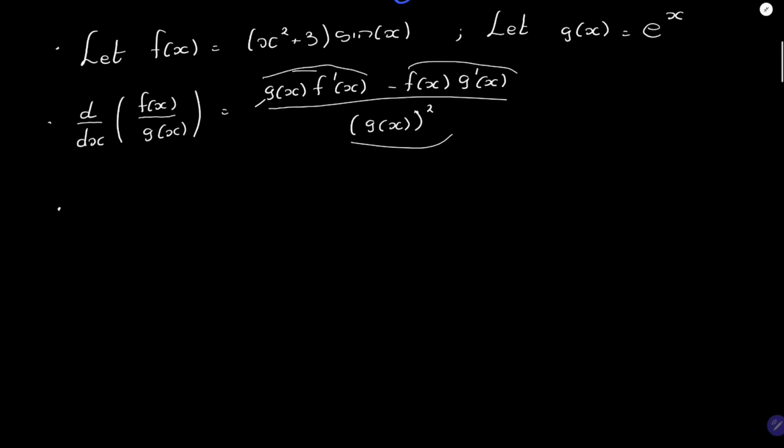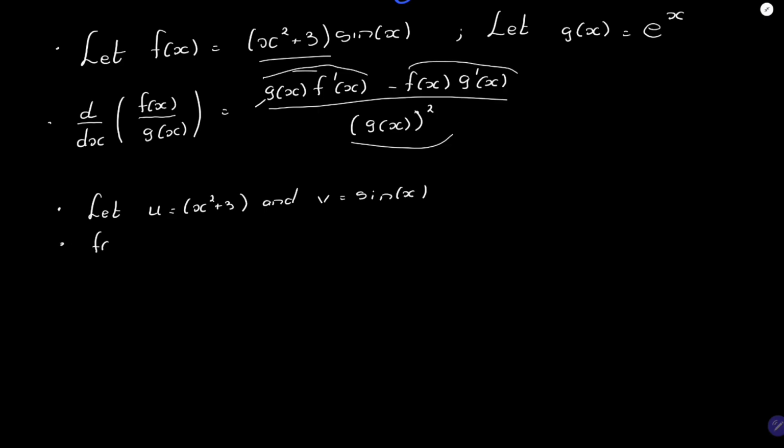First of all, we recall f of x. f of x is the function x squared plus 3 times sine of x. If we notice this function, it can still be represented as a product of two functions. That is, we can say let the function u be equal to x squared plus 3 and v be equal to sine of x.